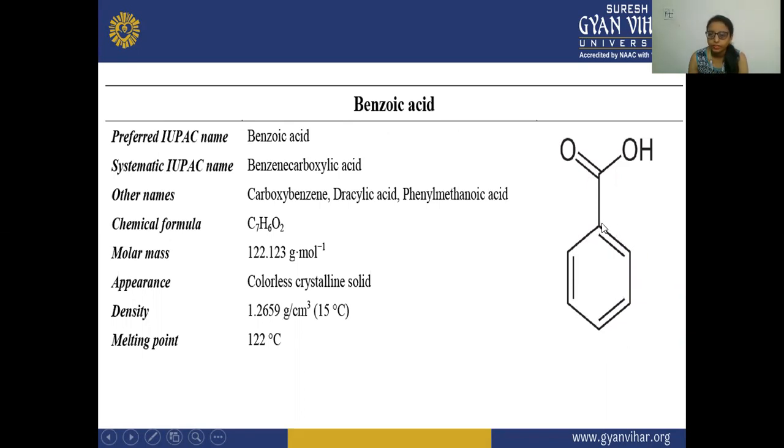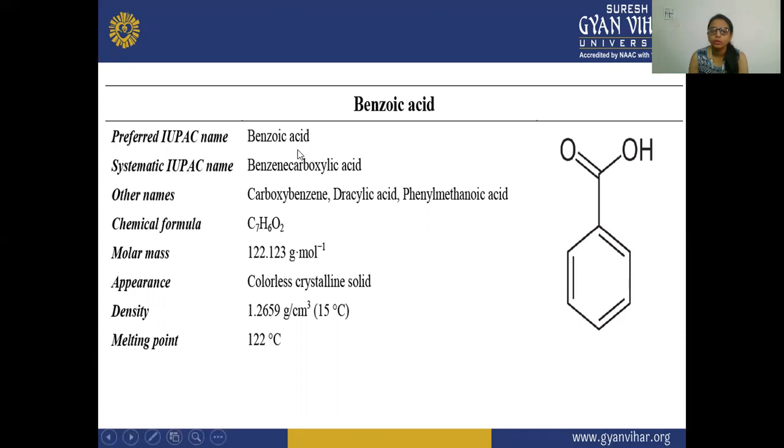If it were attached to an aliphatic chain, it would be a carboxylic acid. But in the case of benzene, this is an aryl compound, having a benzene ring bonded with the carboxylic acid function.